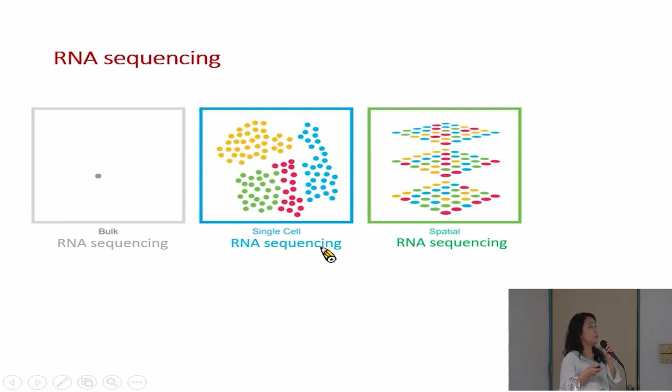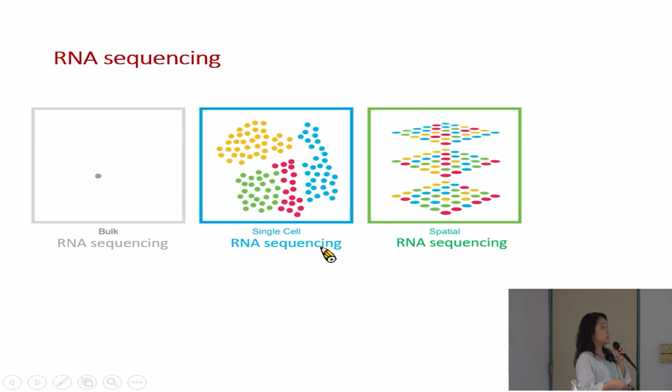Now we have a new technology that's called spatial transcriptomics. Before, we used bulk RNA sequencing. We just dissect one specific tissue, then we perform bulk RNA sequencing, which contains the total RNA sequencing in one tissue.